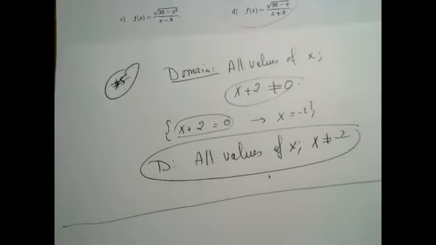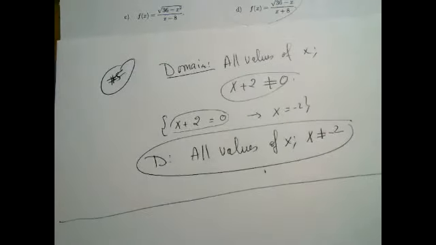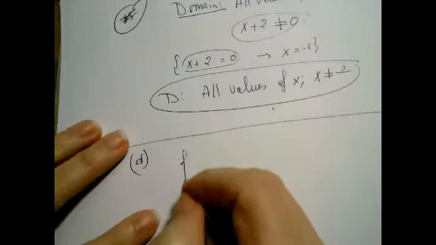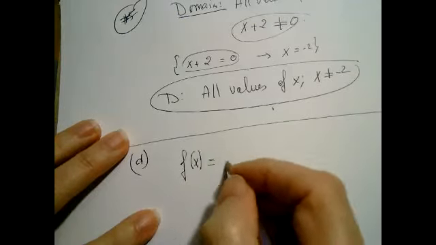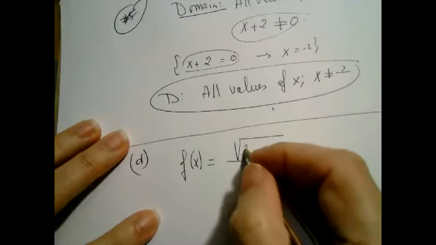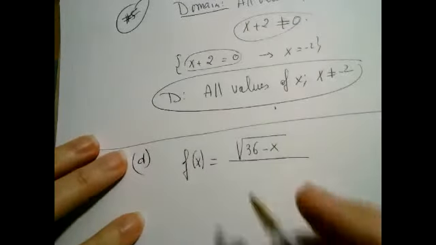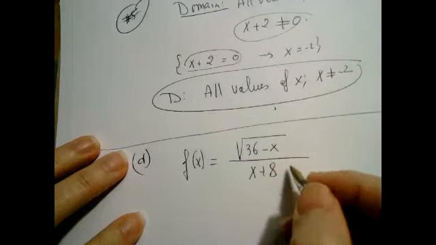Right, so now let's pick up the other ones. I will pick up E and D. I forgot if I assigned D or not. I don't really remember. So D, the function is equal to the square root of 36 minus x divided by x plus 8.